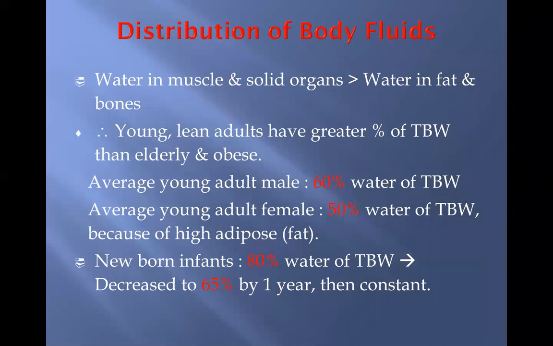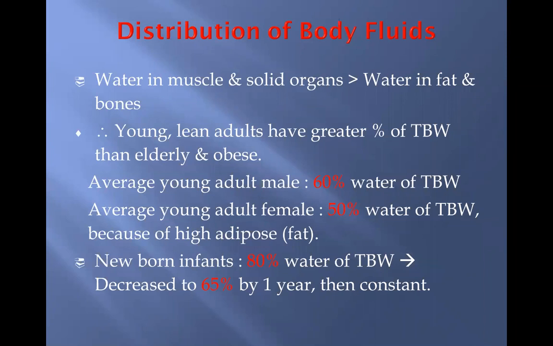Because the obese contain more fat than healthy young adults. The average young adult male consists of about 60% water of total body weight, while the average young adult female is about 50%, because of higher adipose tissue in the female than in the male. So this may give a difference in the percentage of total body water of about 10% between male and female.